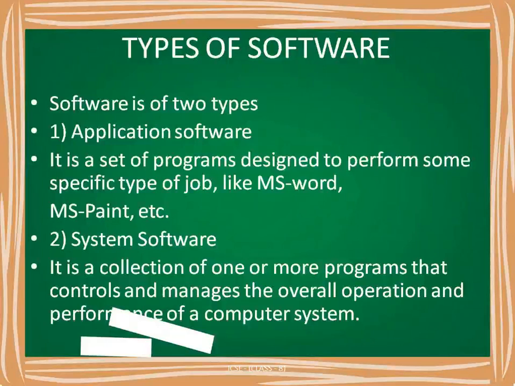The managing of all those devices is done by this system software. An example of system software is our operating system. Our operating system is the best example for system software.